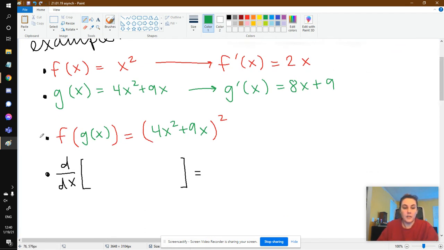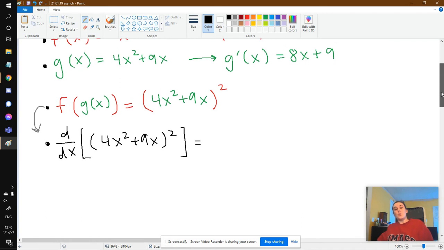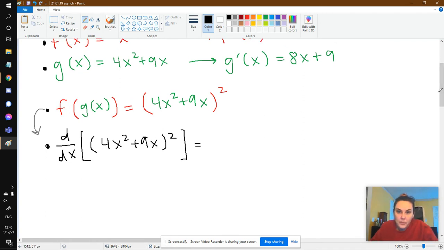If we want to take the derivative of 4x squared plus 9x quantity squared, right now, we don't really have a fast way to do this, right? Right now, we need to expand this. We need to do some unsimplification on here first.